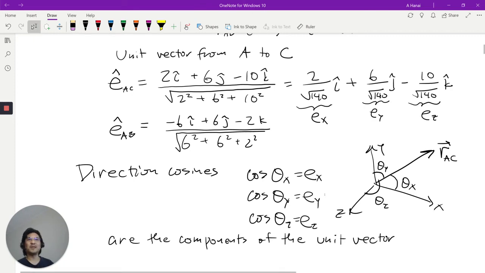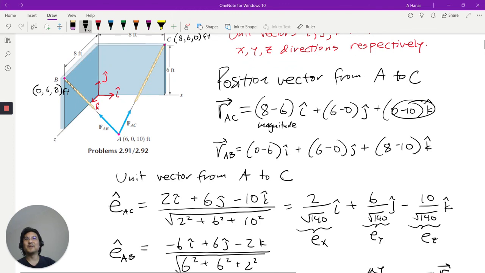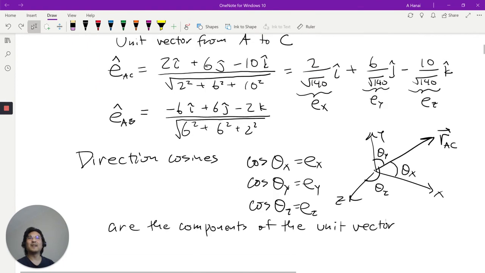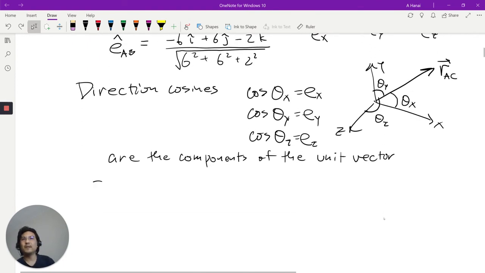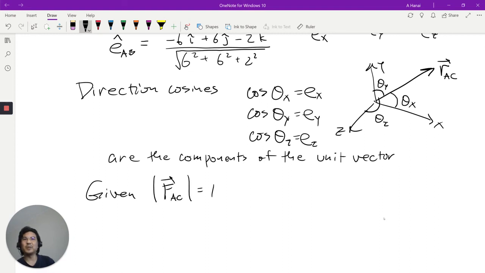Okay, one more example. Let's say you're given the magnitude of this vector, say 100 pounds. What is the vector force F from A to C?